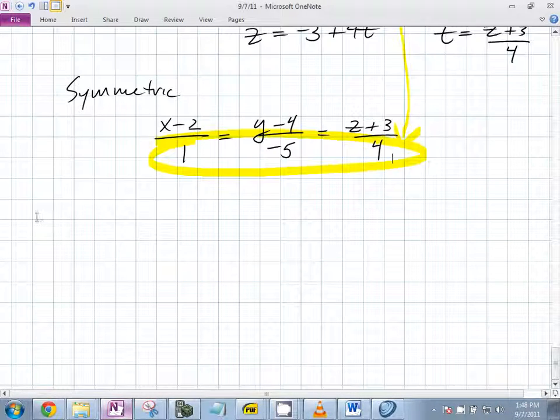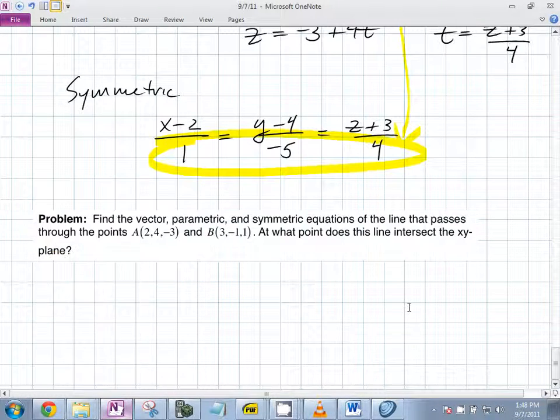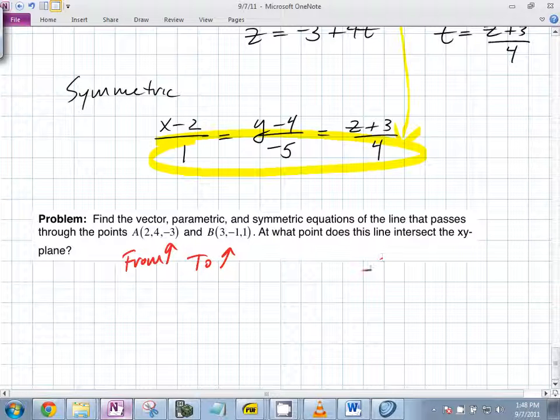It's going to be a segment from A to B, and t goes from 0 to 1. So when t is 0, it's at A. When t is 1, it's at B. Let's take a look at what we had up here.